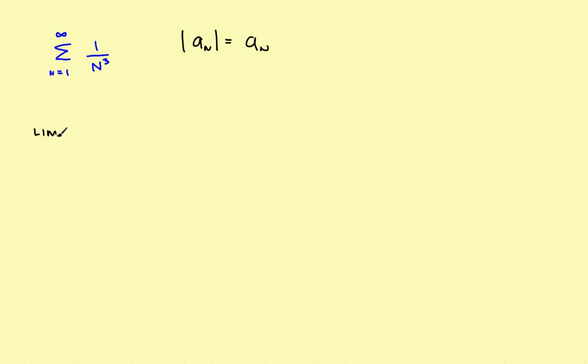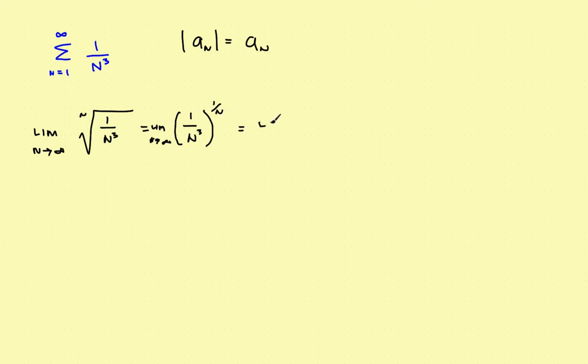If I take the limit as n approaches infinity, and I'm going to take the nth root of 1 over n cubed, what that's going to give me would be 1 over n cubed, to the 1 over n power.